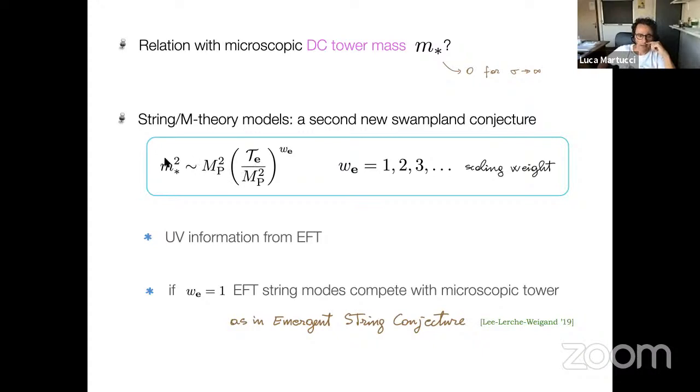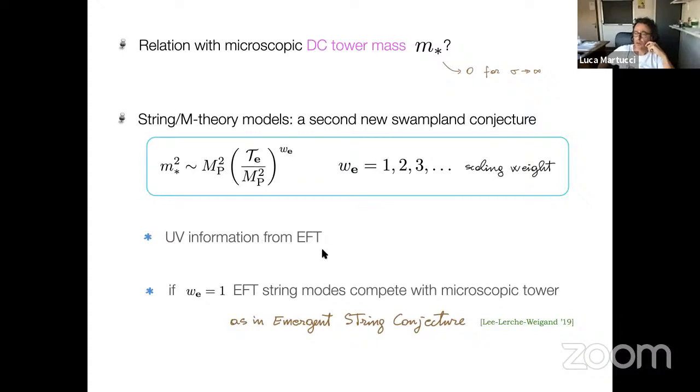Namely, this M star squared scales like an integral power of this tension in Planck units. So we promoted this observation to a second new swampland conjecture, which, if true, would provide some non-trivial information on the UV completion of the theory from purely EFT ingredients.